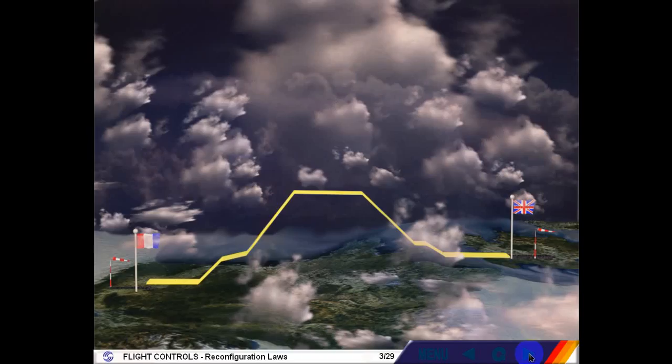In alternate law, ground mode is as in normal law. Flight mode, pitch control: load factor demand as in normal law. Roll control: conventional, surface deflection is proportional to side stick deflection.